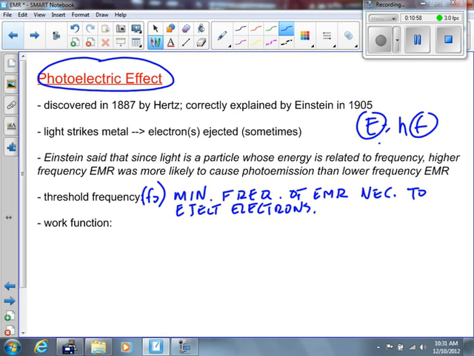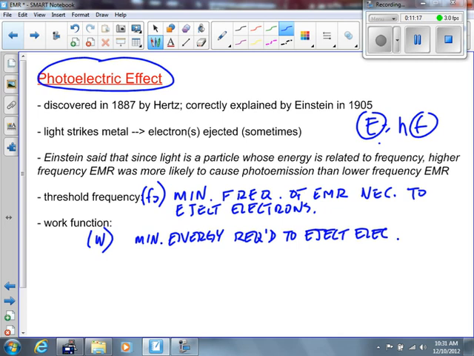The work function we defined on Friday as the minimum energy necessary to eject the electron. And of course, if the minimum frequency is f0, and the energy E is equal to h times f, then the minimum energy would be h times the minimum frequency, h times f0.